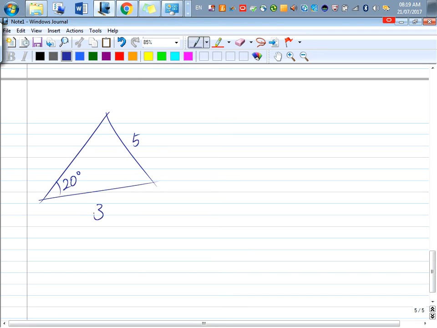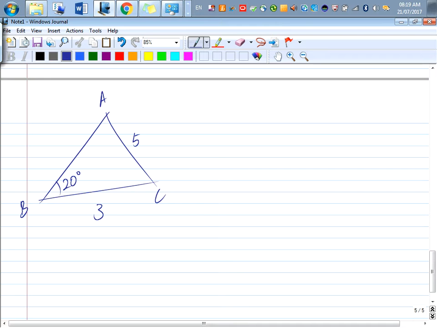Right now in my question, I did not tell you what to find. But based on information given, you already can tell me which rule to use. I didn't say find angle, I didn't say find length. But based on this information, you should be able to tell me which rule I should use. So what rule should I use?